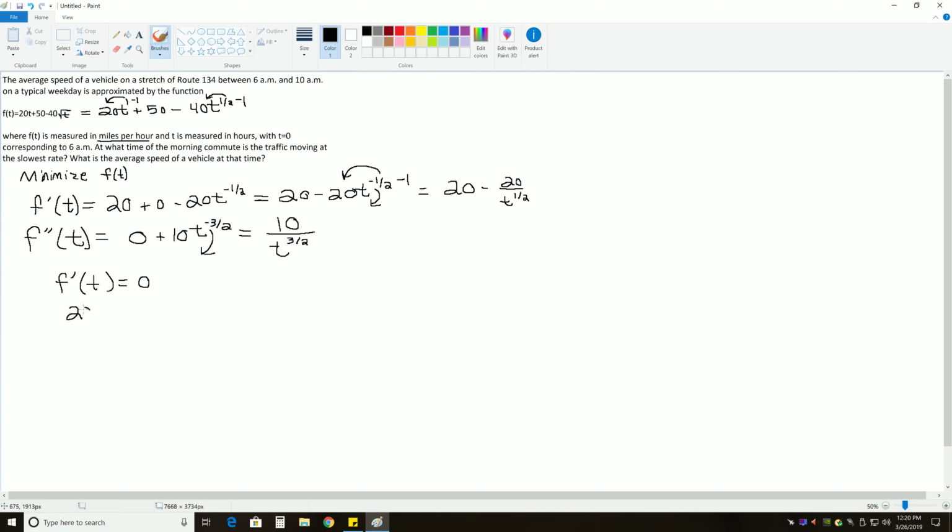So we get 20 minus 20 over t to the 1/2 is equal to 0. We'll go ahead and add 20 over t to the 1/2 to each side of the equation, which leaves us with 20 equals 20 over t to the 1/2.